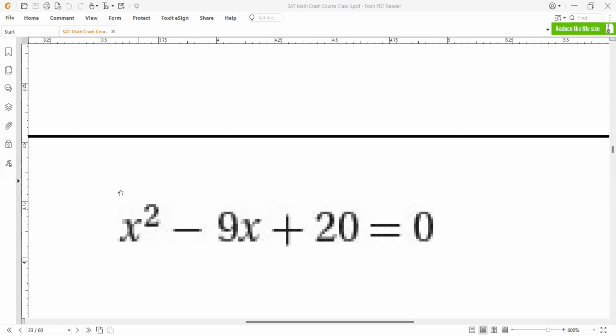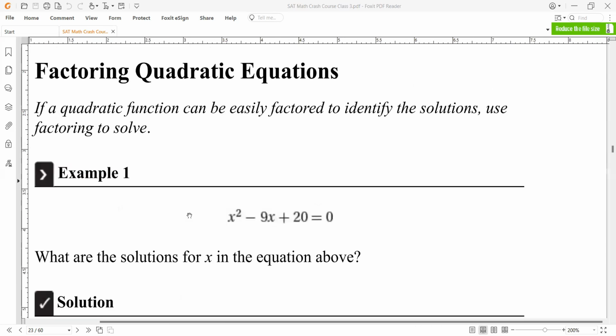The degree of this equation is 2, so we are going to get two solutions, maybe two different solutions or two same solutions, whatever it is. You got me, right? Yeah.